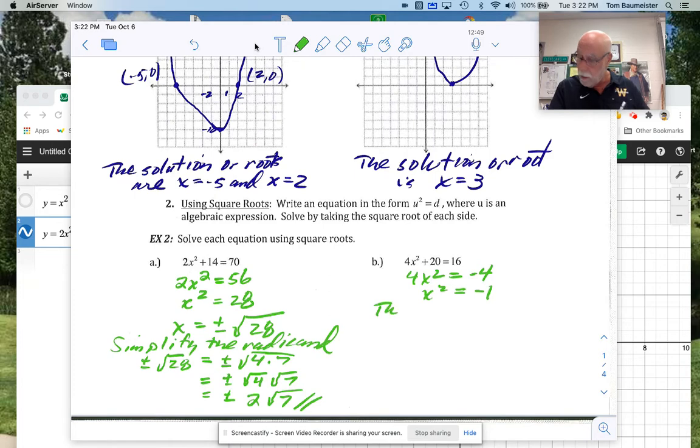So the square of a real number cannot be negative.